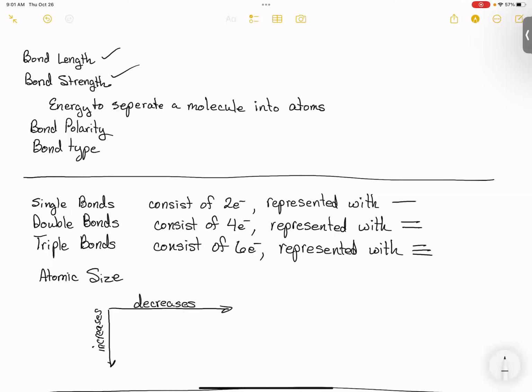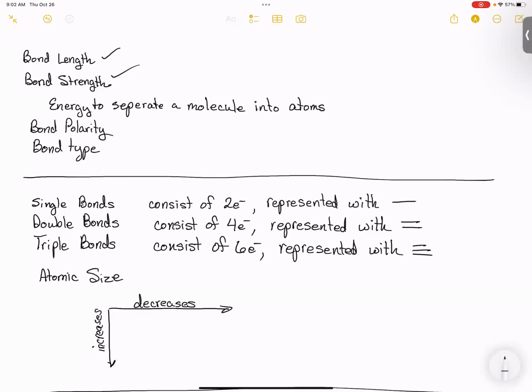We'll then apply VSEPR theory. With the VSEPR theory, we're going to determine the electronic geometry, and then we'll describe the molecular geometry. We will take that molecular geometry and look at the electronegativity of the atoms in the molecule and ultimately determine molecule polarity, which is different than bond polarity.